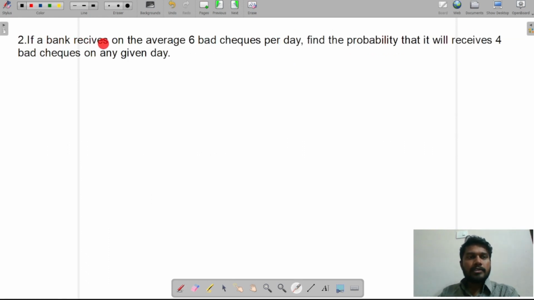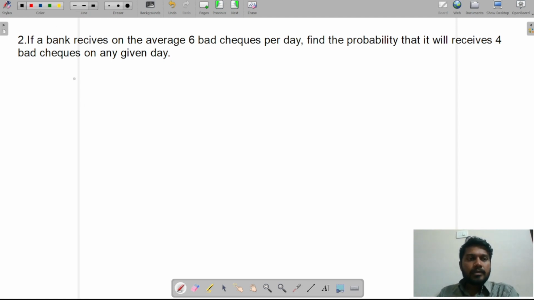If a bank receives an average of 6 bad checks per day, find the probability that it will receive 4 bad checks on any given day. So what are the given values in the question? The bank receives on average 6 bad checks, so can I say the average per day is given? How do you denote the average in the Poisson distribution?